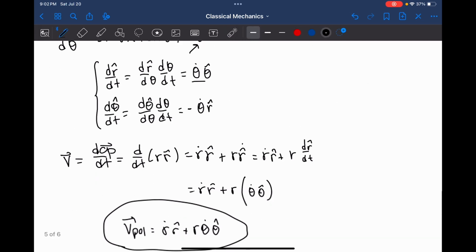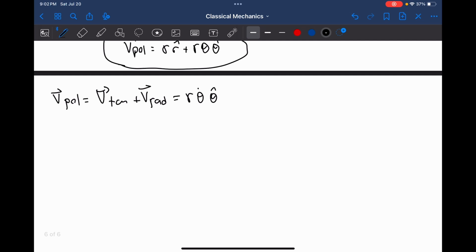So if I have, say, a mass tied to a string, it has a component of velocity that's going this way, and a component that points inwards. Maybe I'm getting weaker and weaker with how I'm spinning it in a circle, so it's going to spiral in, spiral in, spiral in. The first term corresponds to the velocity in the tangential direction, and the second term corresponds to the velocity in the radial direction, which is this way.